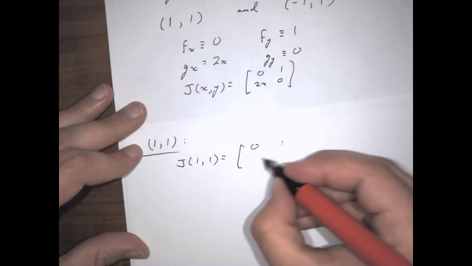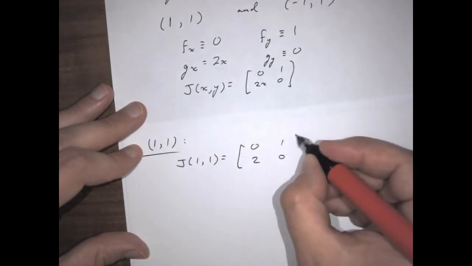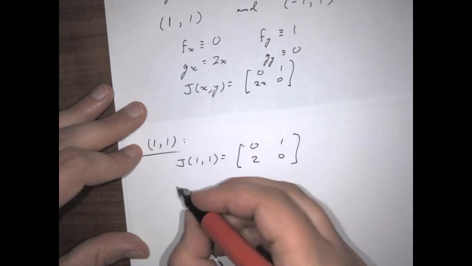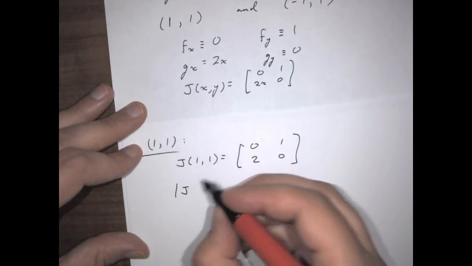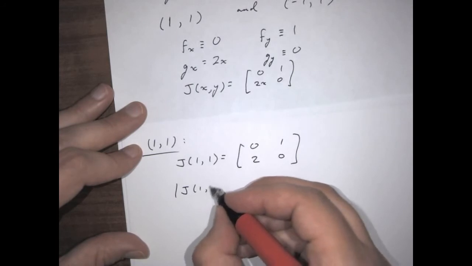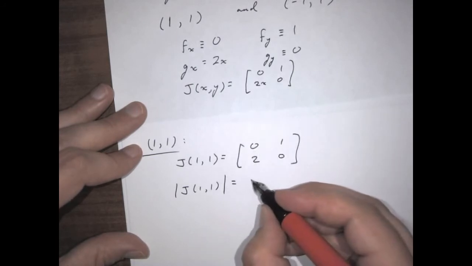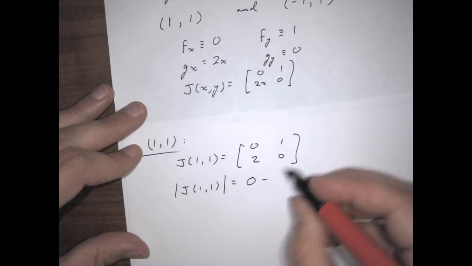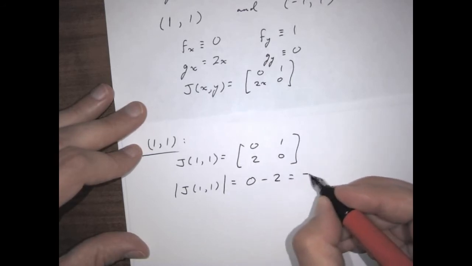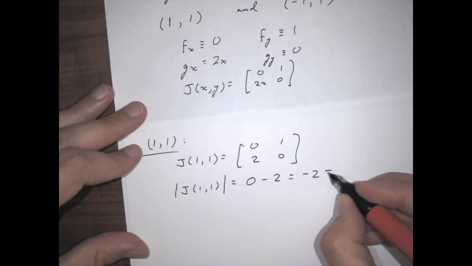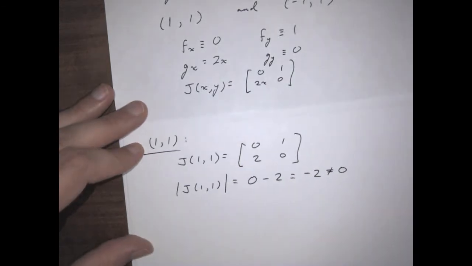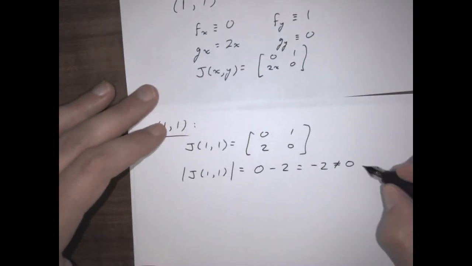So it's going to be 0, 1, 2, 0. And the determinant of that is going to be 0 times 0 minus 1 times 2, which is not 0. So it's check.